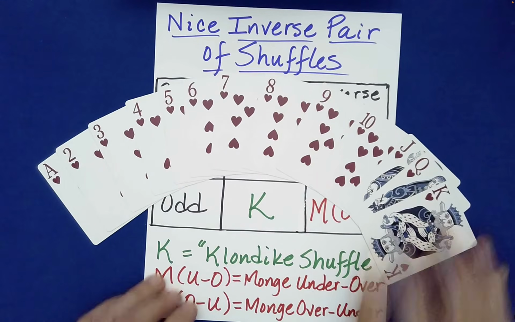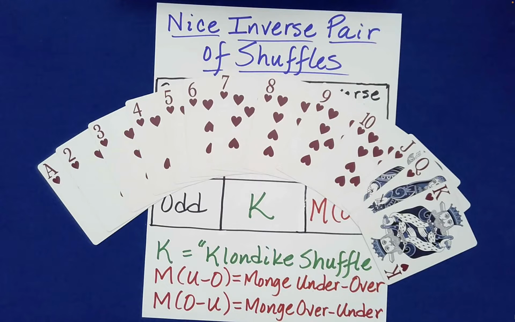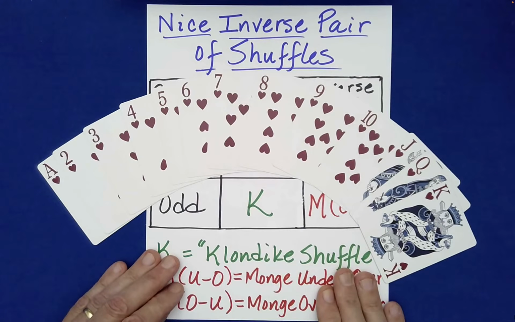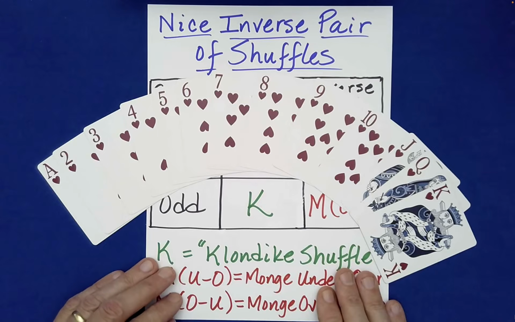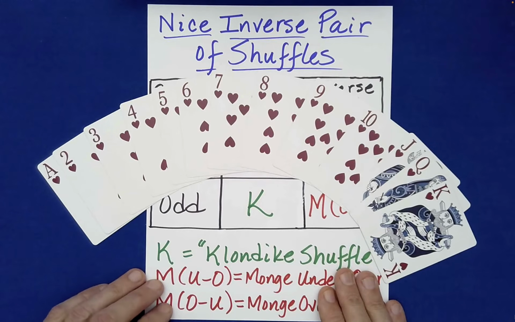So this is a very powerful set of shuffles to be aware of, because there actually aren't that many common systematic shuffles used today that have a known and easy to perform inverse shuffle.